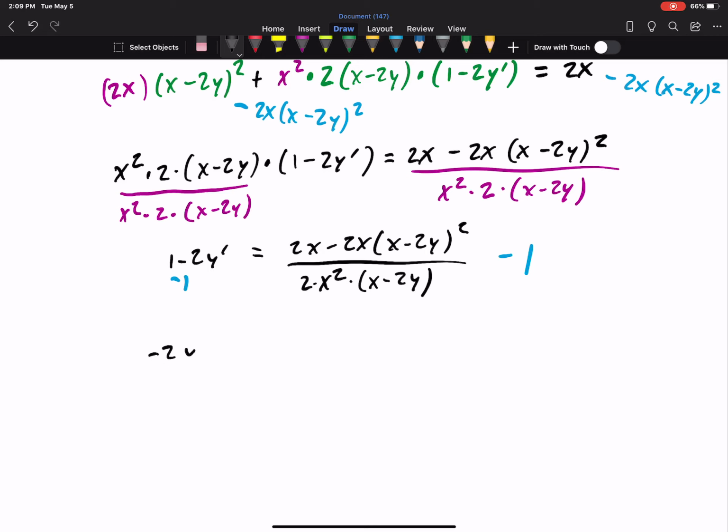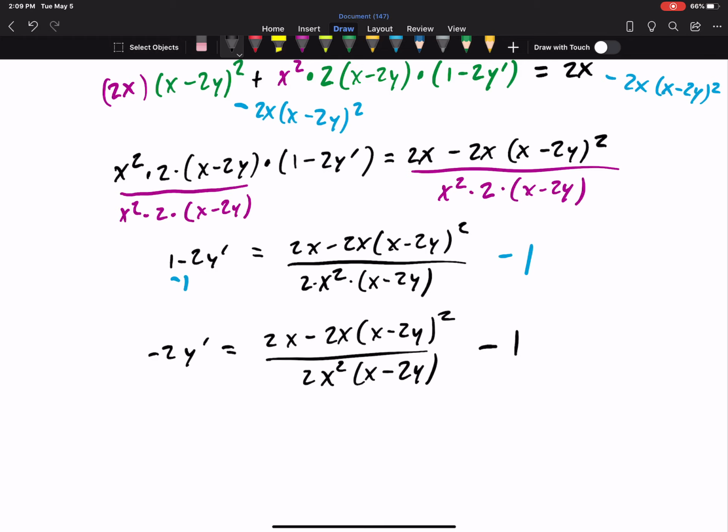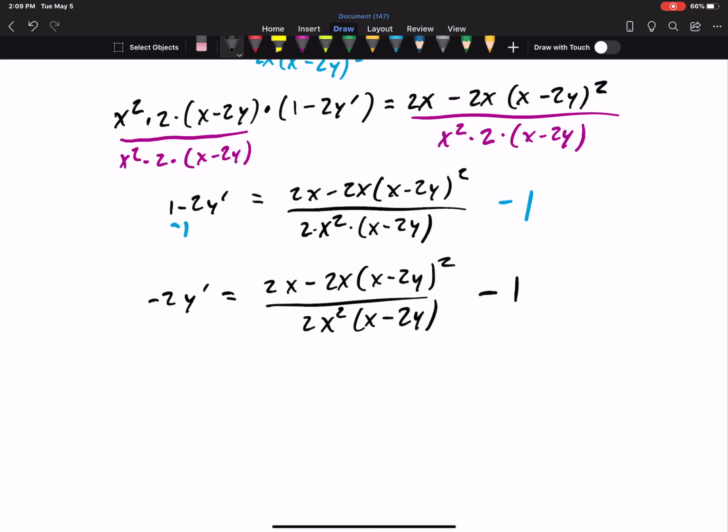We have minus 2y prime equal to 2x minus 2x times x minus 2y squared over 2x squared times x minus 2y, minus 1. The final step is just to divide both sides by negative 2, or if you like, multiply by negative 1/2. That'll make your life a lot easier.